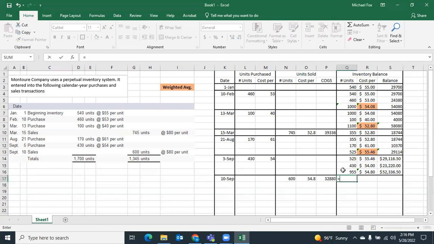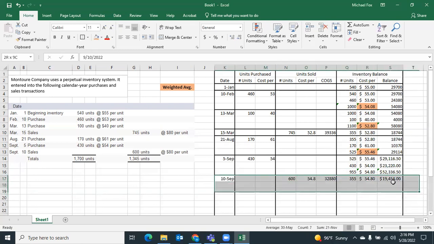We had 955, we sold 600, so we'll now have 355 units remaining in inventory at an average cost of $54.80. The cost of our remaining inventory will be $19,454. And there we go.